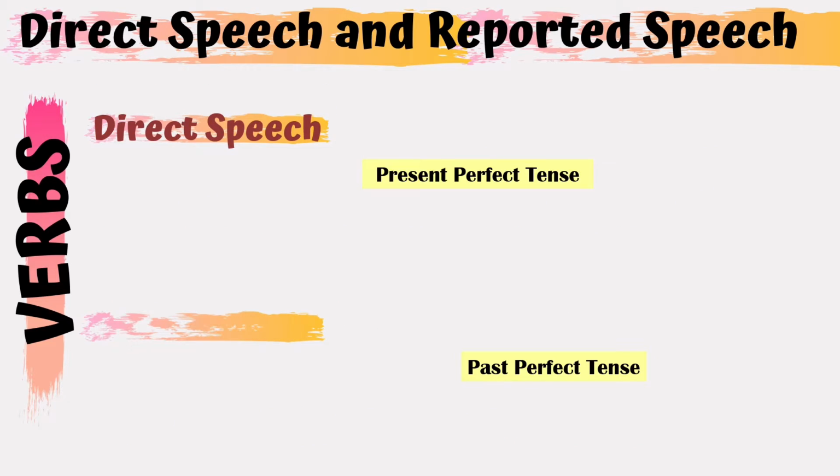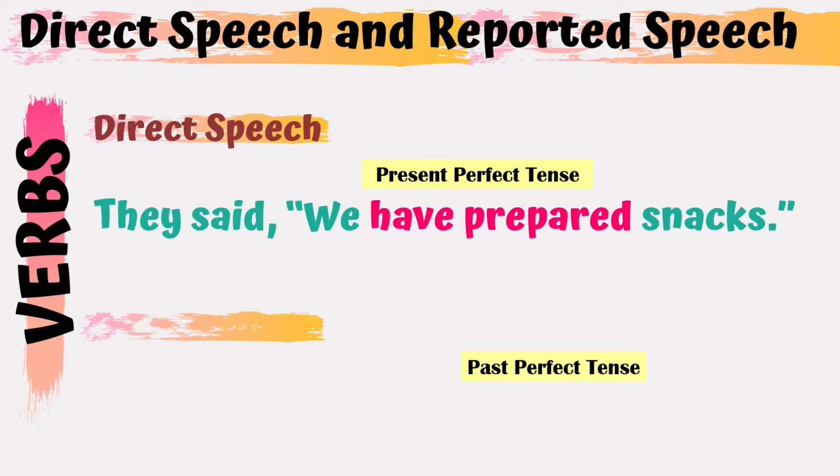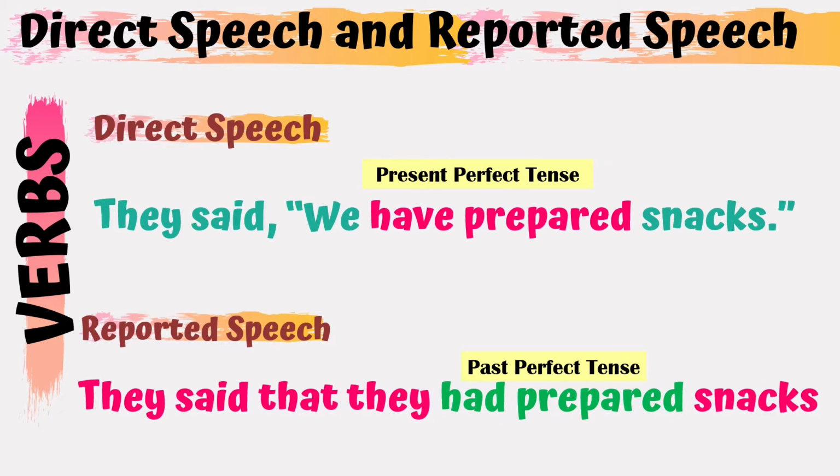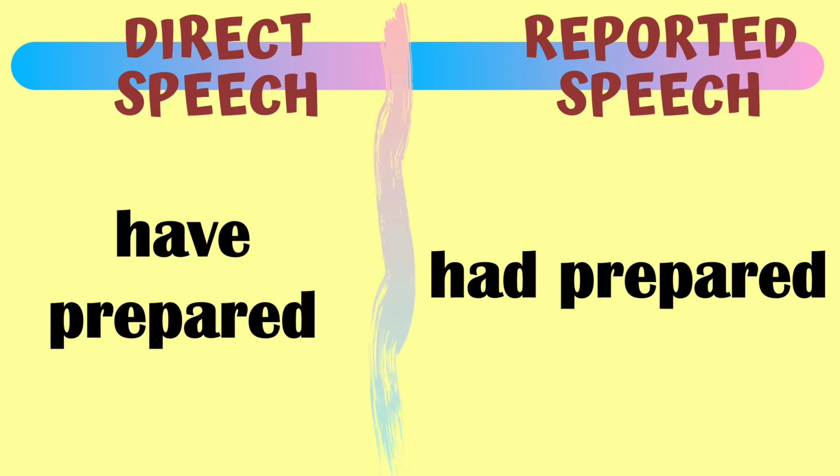If you will use present perfect tense in the direct speech, you have to use past perfect tense when you convert it into reported speech. For example, they said, "We have prepared snacks." In reported speech, it will be, they said that they had prepared snacks. Notice that we changed have prepared to had prepared.